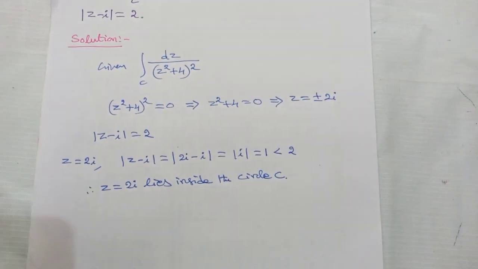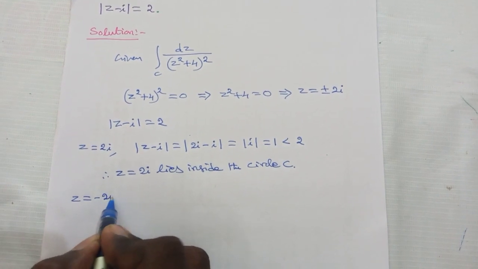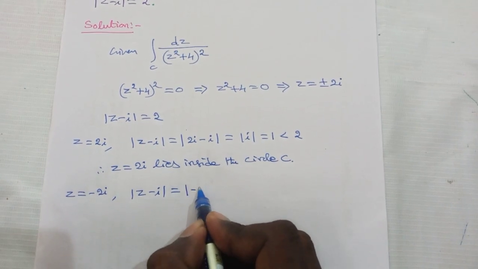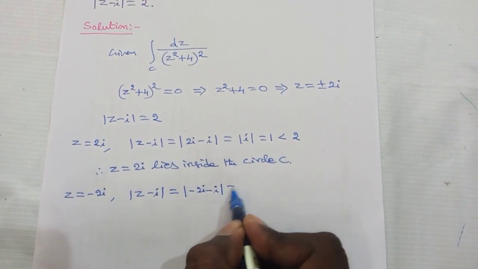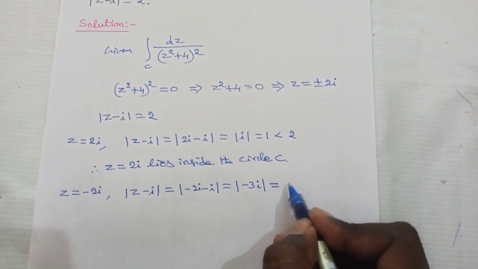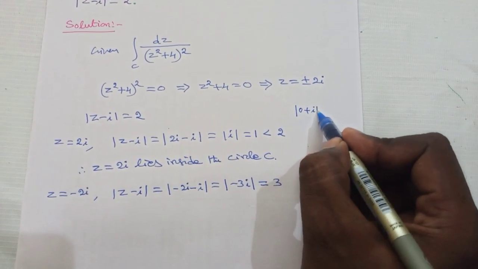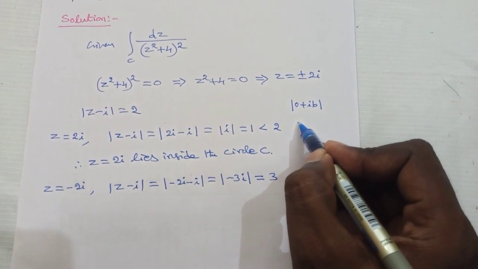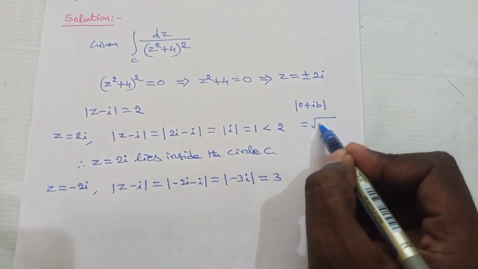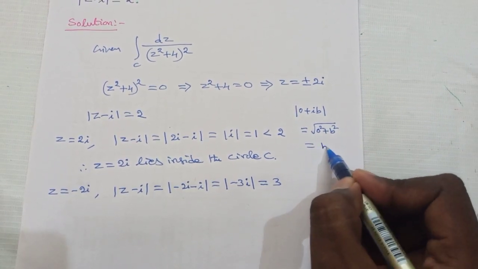Next I verify with z equal to minus 2i. Put z equal to minus 2i. Then modulus of z minus i equals modulus of minus 2i minus i, which is modulus of minus 3i. The modulus of minus 3i is 3, because for modulus of 0 plus ib there is no real part, so take 0, and it is root of real square plus imaginary square, and root of b square is b.